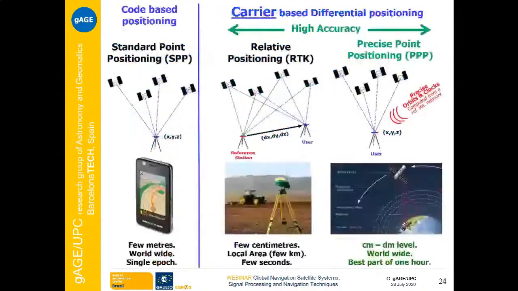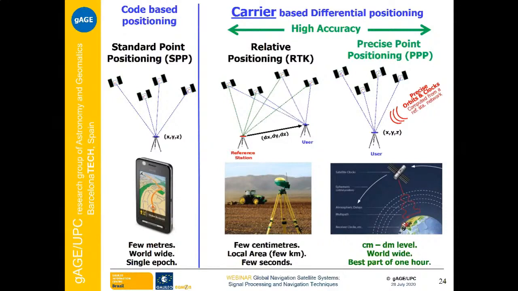Okay, let's see. This is a layout of the positioning techniques we are going to present. As Adria commented before, the basic positioning is the positioning that we have in our phone. This is the code-based positioning, the standard point positioning, where we can achieve accuracies at the level of a few meters, but worldwide and in a single epoch.